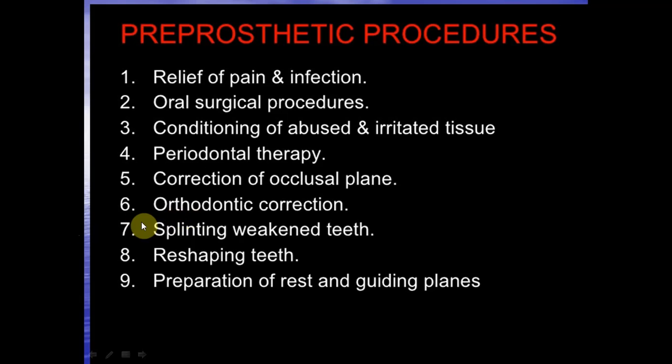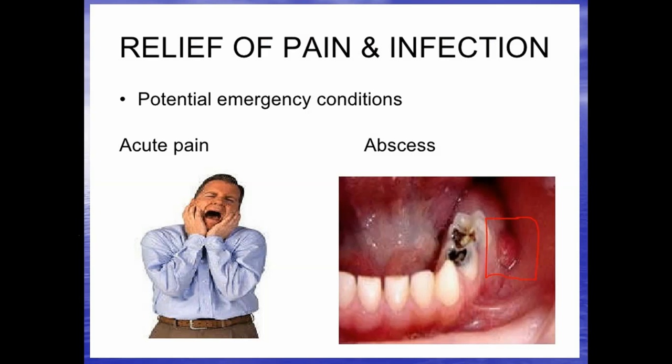And also we should mention splinting of weakened teeth, which is done by periodontist, and this person is usually a therapeutic dentist in our country. Okay.